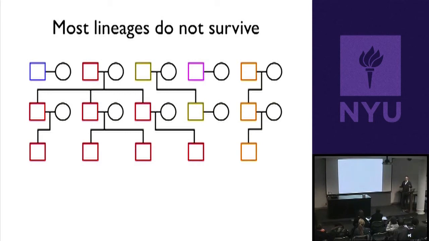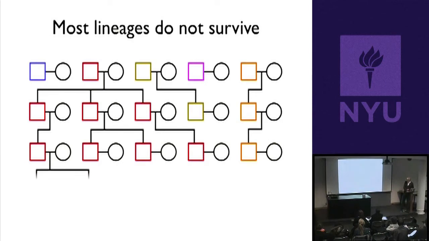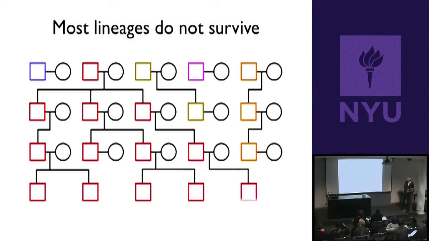Everyone following this? Okay? And then we repeat again. That couple has 2 sons, that couple has 2 sons, and that couple has 1 son. All right? And now we've gone to a situation where just in the course of 3 generations, we started with 5 different Y chromosomes, and now we only have 1 type of Y chromosome.